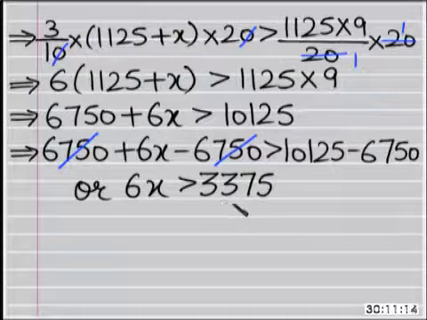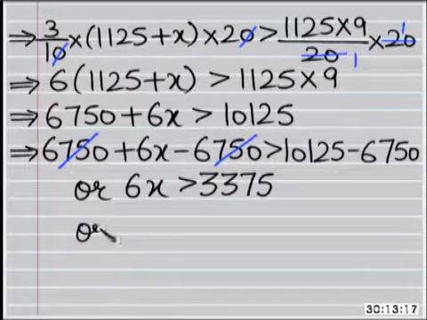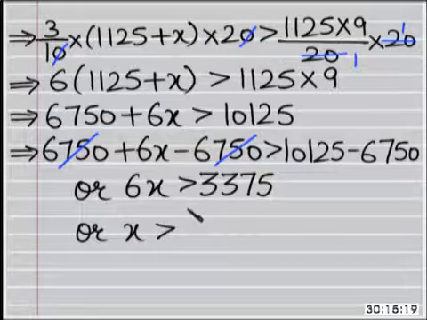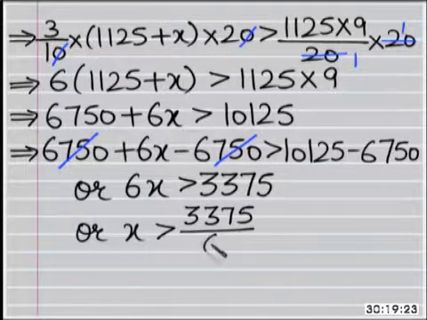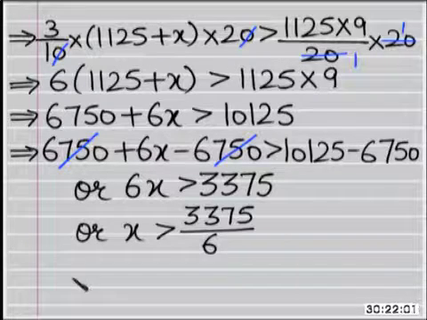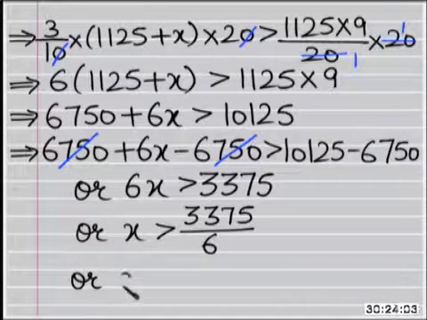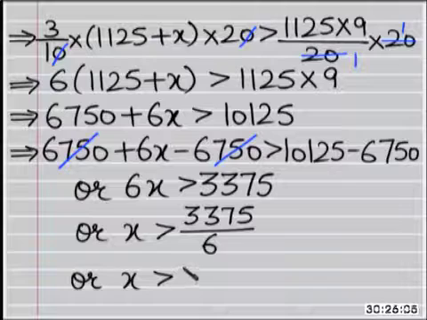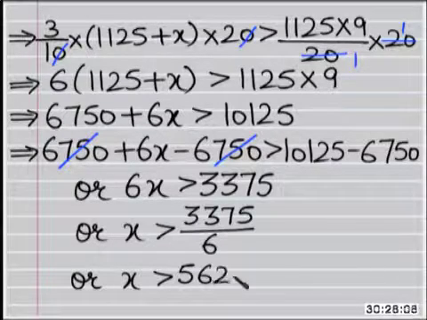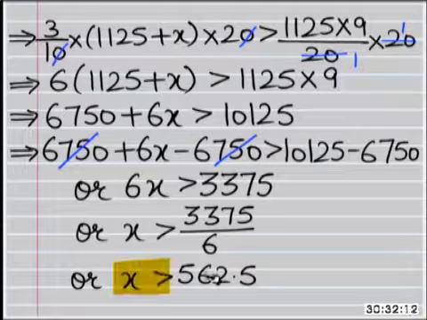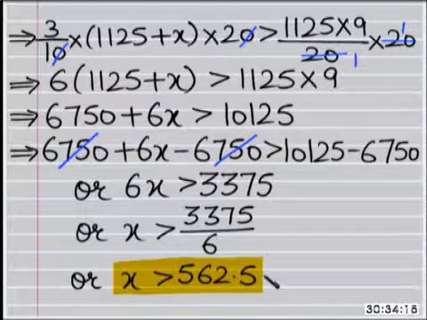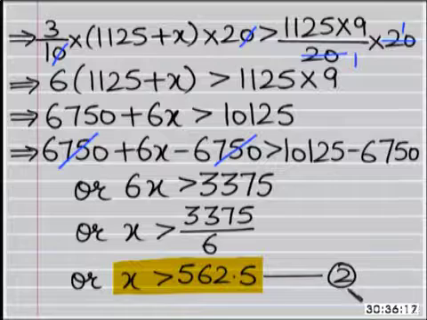Dividing both sides by 6, we get x is greater than 3,375 divided by 6, which on solving we get x is greater than 562.5. Let this be equation number 2.